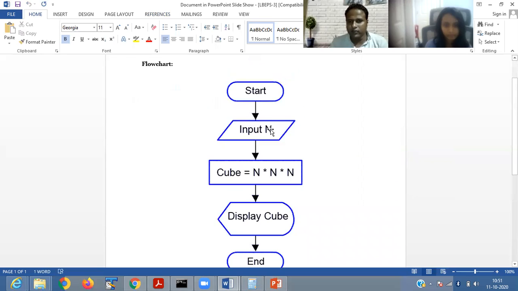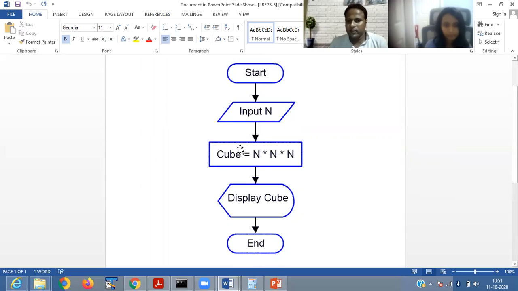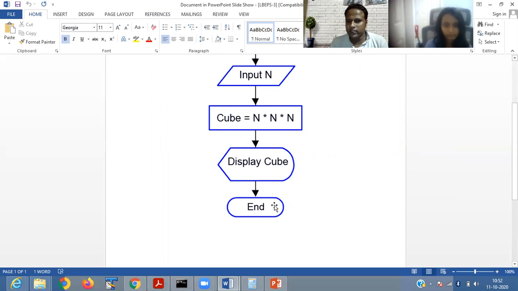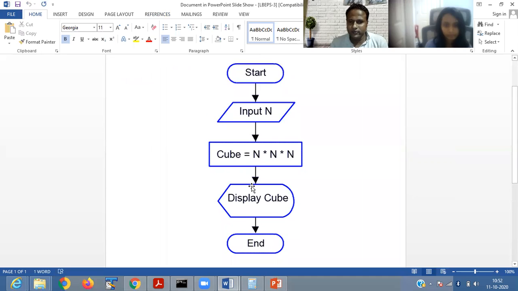If you want to take any number, it is represented inside the input box, then we multiply it, n into n into n, then display the cube, then end of your flowchart. Yes, clear.